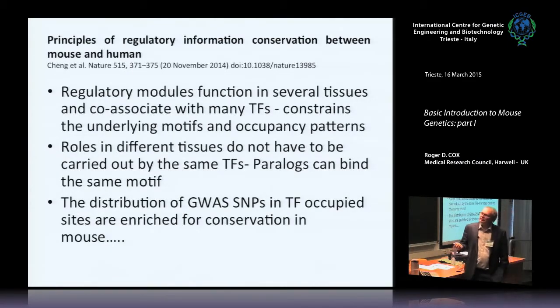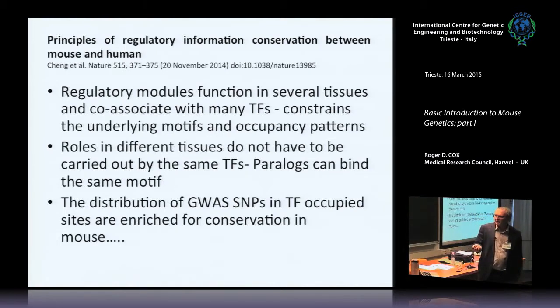So I think I'll just round up by the point I wanted to make. The other point I wanted to make was that, for those of us who are looking at genes that have been mapped in human genome-wide association studies, one of the reassuring things that came out of these papers was when they looked at the candidate genes within these loci associated, for example, with diabetes, obesity, hypertension, whatever.